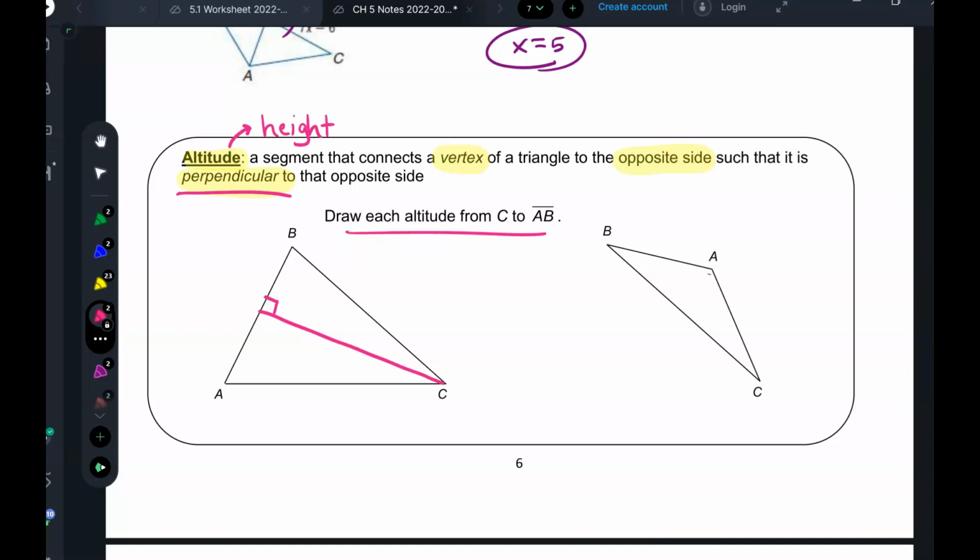So this one has to start from the vertex perpendicular to the opposite side. What's the problem with the next one? It doesn't work. Why? When I have an obtuse angle, I've got to extend AB. So use your ruler and extend the side. I'll use a dotted line just to show.